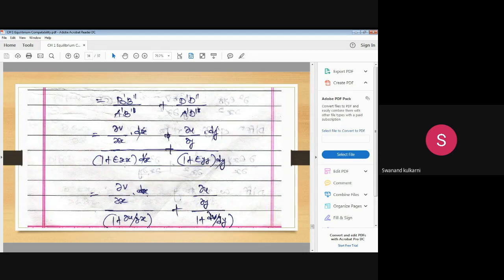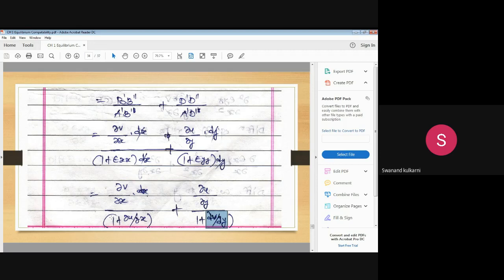But here we can understand that whatever may be epsilon xx and epsilon yy, or ∂u/∂x and ∂v/∂y, these terms are very, very small. Epsilon xx is a term which is very small. Epsilon yy is a term which is very small. So here, maybe ∂u/∂x or maybe ∂v/∂x, these are very small terms. So that's why with reference to 1, strain is always 0.001, 0.002.